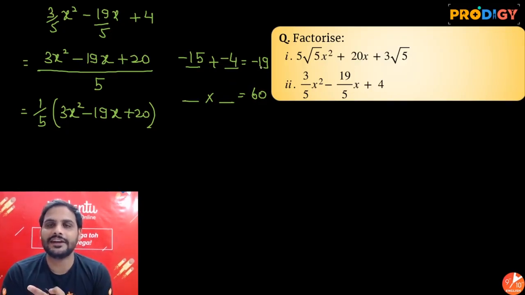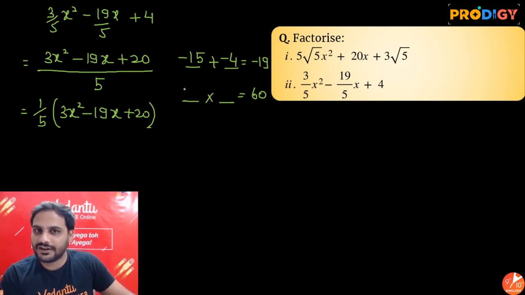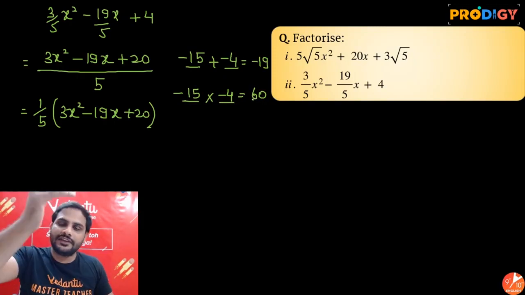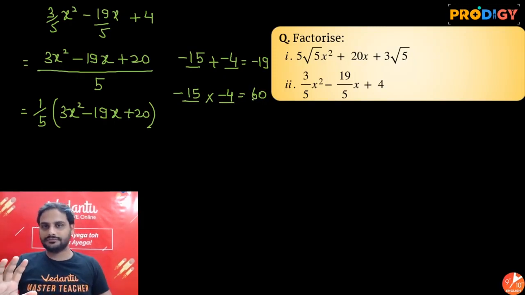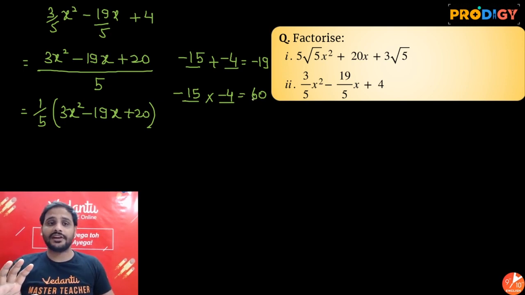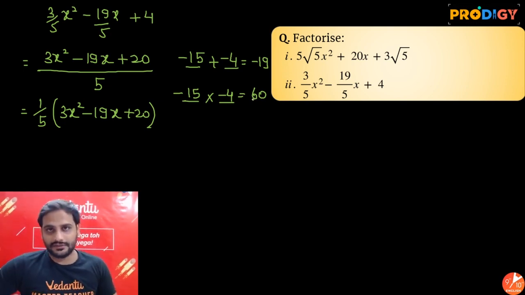If I take 15 and 4, sum will be 19, not minus 19. That is why I have taken minus 15 and minus 4. At the same time, minus 15 into minus 4, 15 4s are 60, negative into negative will become positive. So it is satisfying both the conditions.